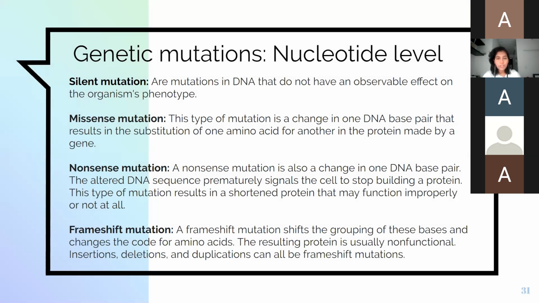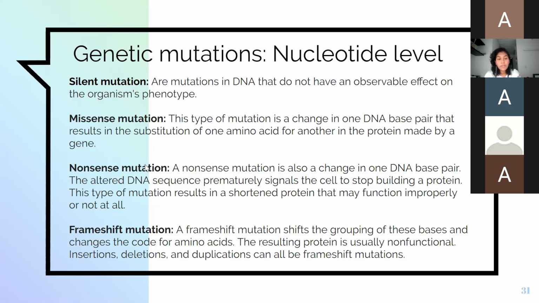A missense mutation is when there's a change in one DNA base pair, which results in a substitution of a different amino acid in the protein made by the gene. This doesn't necessarily have huge effects because it's just one amino acid that's been changed.